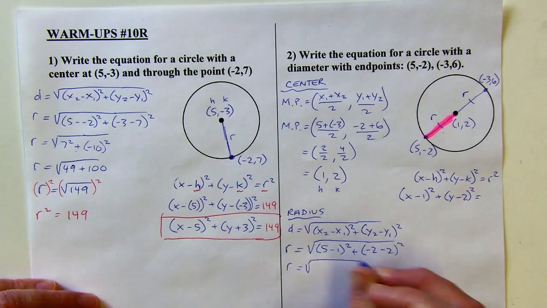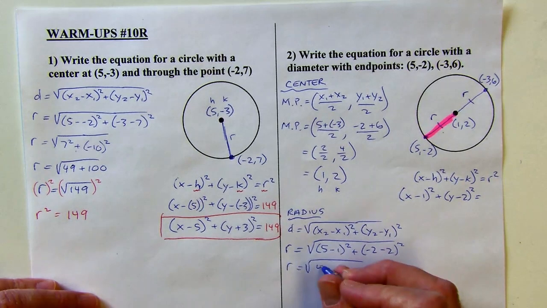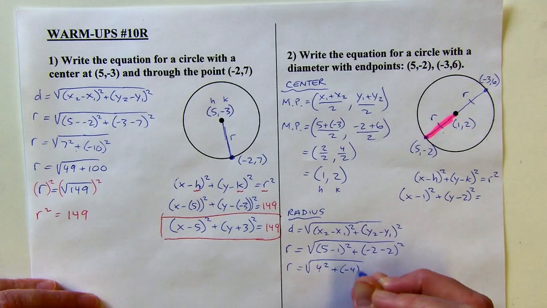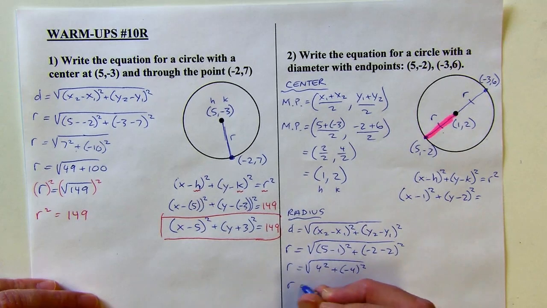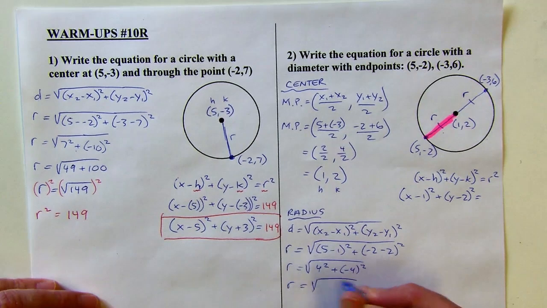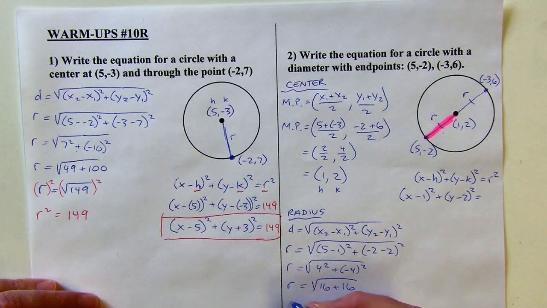Okay, and then I'll simplify inside the parentheses. I've got 4 squared and -4 squared. Now I'll do the actual squaring. -4 times itself is +16. So my radius is the square root of 32.